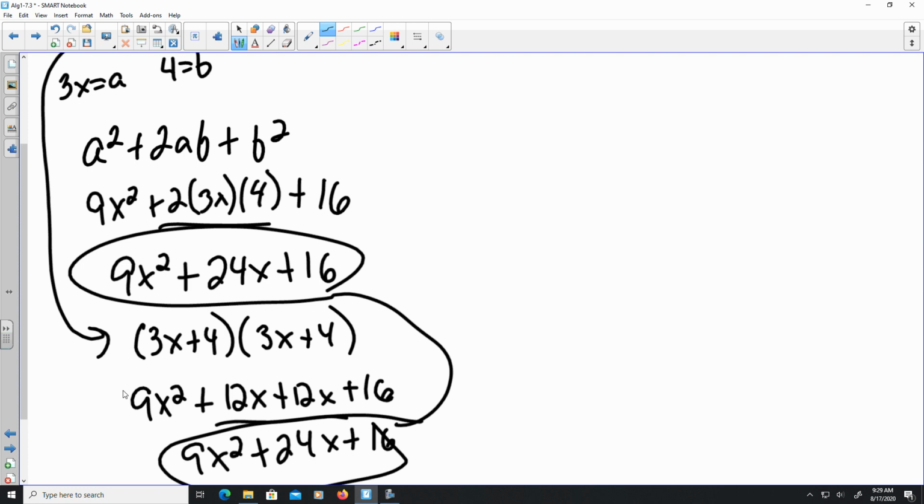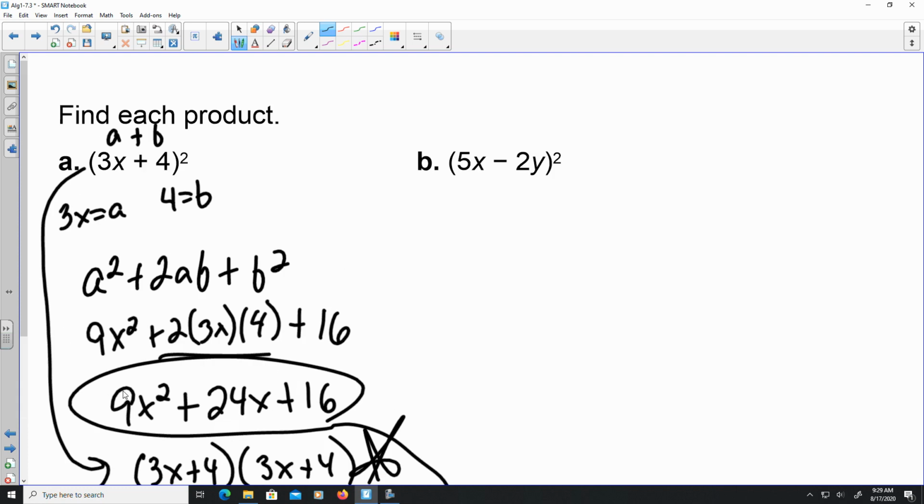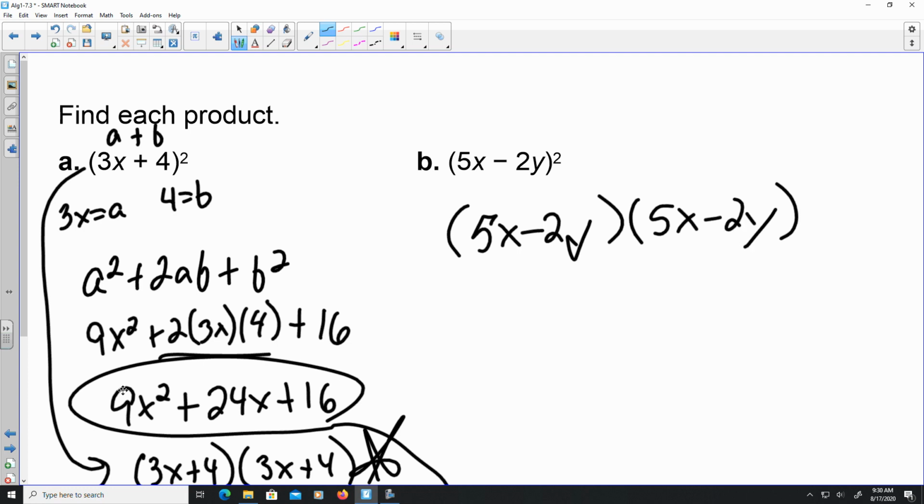The majority of you will probably go with expanding and FOILing. So with that being said, let's expand 5x minus 2y quantity squared. That's just going to be 5x minus 2y times the quantity of 5x minus 2y. And we FOIL it out. 5x times 5x is 25x squared.